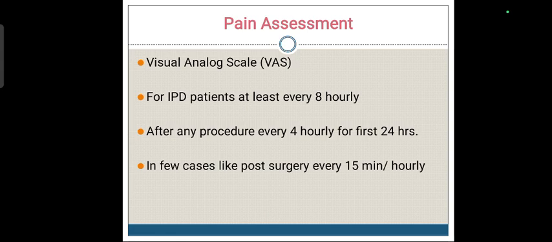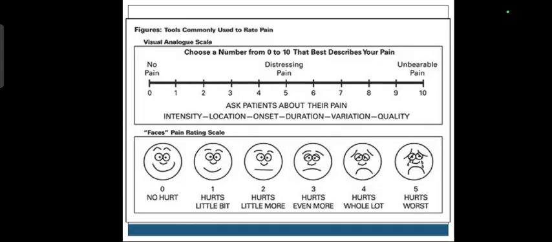In few cases like post-op etc., every 15 minutes or hourly it should be done. So this is the visual analog scale by which pain assessment is to be done.